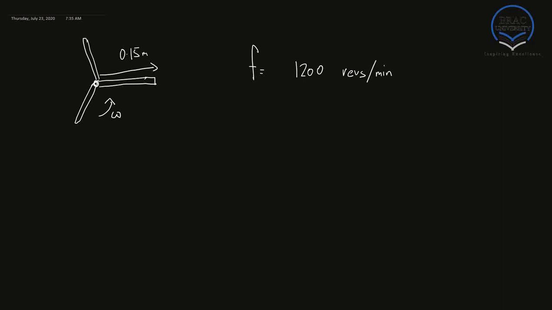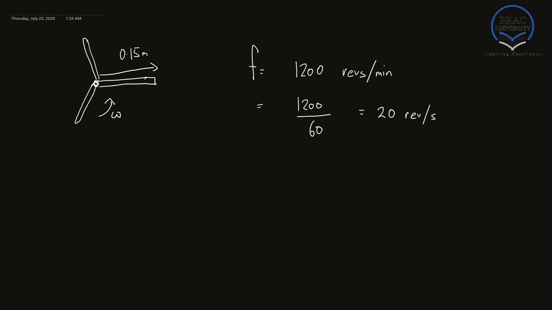If you would like to complete this problem in SI units, then you might want to convert this into revolutions per second. Let's do that actually. So that's just 1200 per 60, because there are 60 seconds in a minute, and then you have 20 revs per second. Okay, that seems like a reasonable speed for a fan.